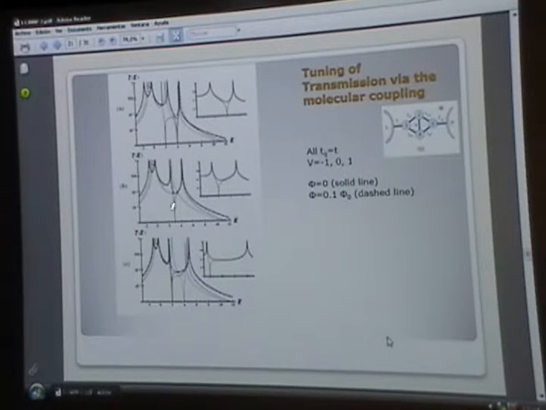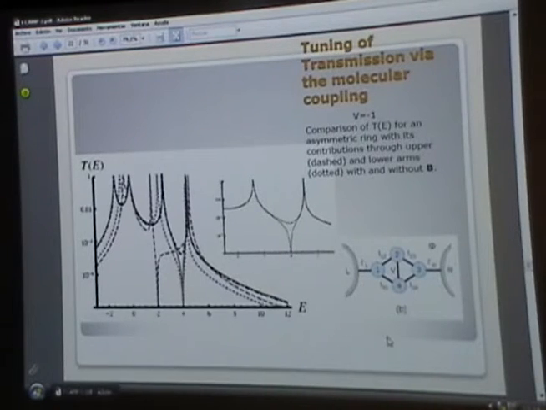So in this case, we don't have a molecule, but two quantum dots individually, and in these 2 cases, the coupling is opposite to each other. The curves that we see here, let me see in more detail.